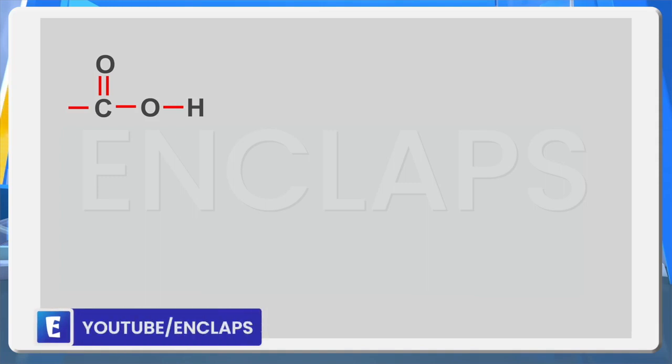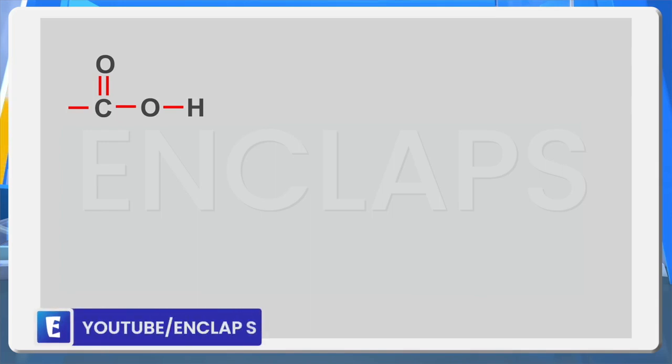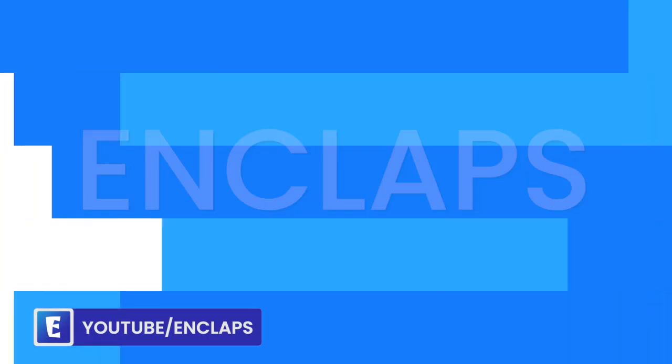In this group, one oxygen atom is doubly bonded to the carbon atom and one oxygen atom is singly bonded to the carbon atom. And a hydrogen atom is attached to the singly bonded oxygen atom. And one valency of the carbon atom is free. The carboxylic group is the COOH group.